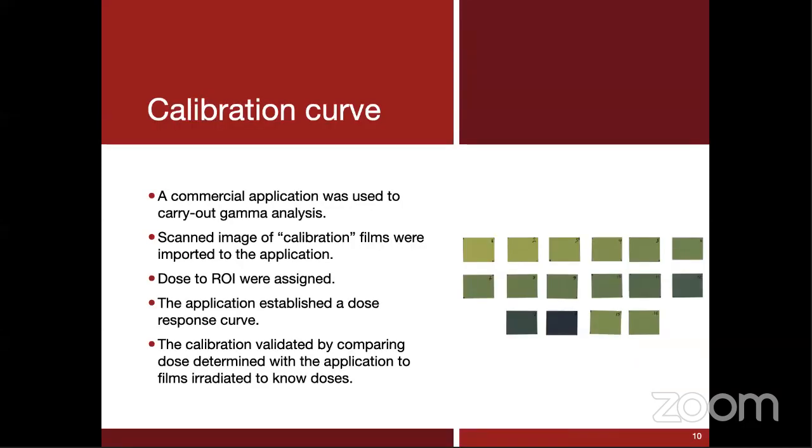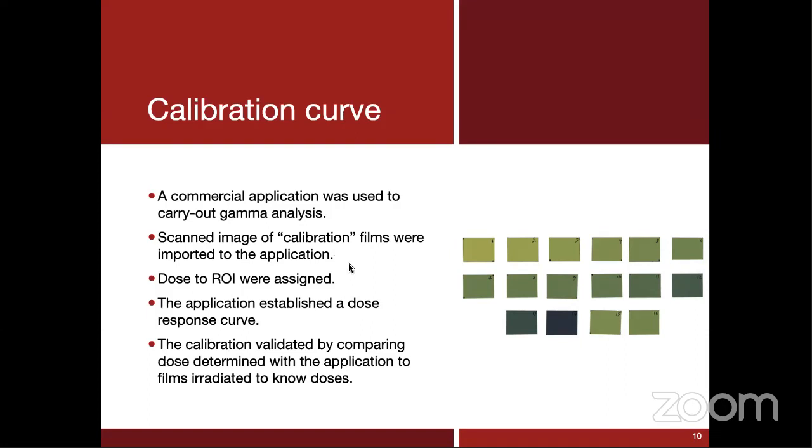Now, the film calibration, of course, the procedure is you shoot these pieces of films and give them specific, known doses. And then we were using a commercial application that's required to carry out the gamma analysis. So we scan the films and import the image into the application.